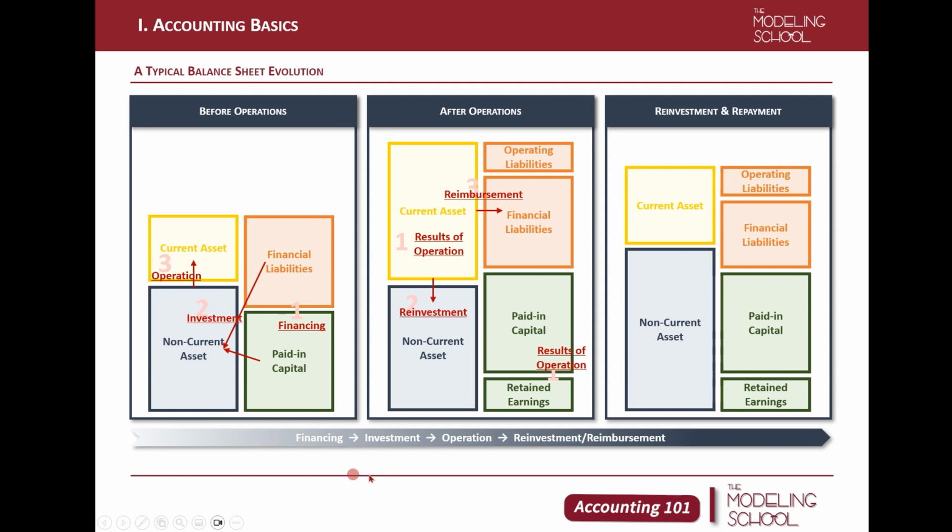So typically, all businesses start from financing activities. We use the finance to invest in property or R&D or so on, and we use it to do daily operations. And as a result of our daily operations, we reinvest or reimburse.